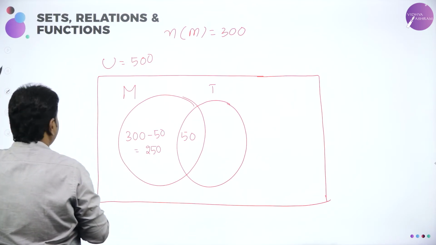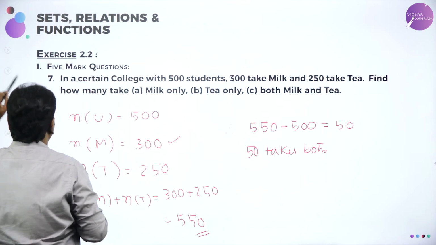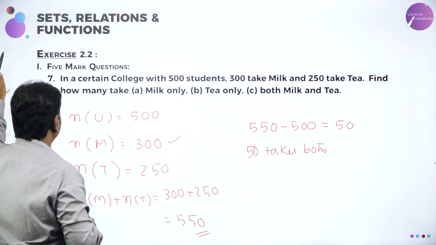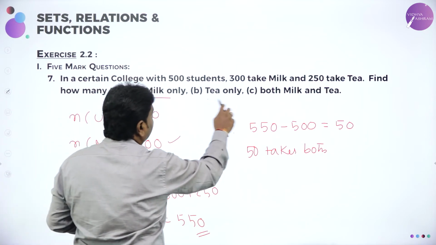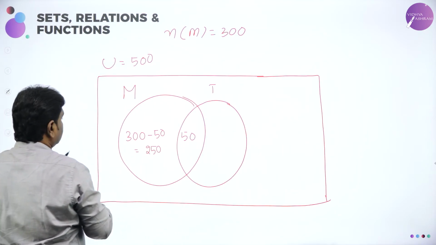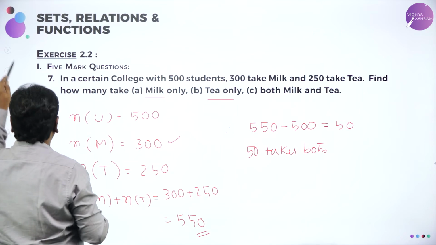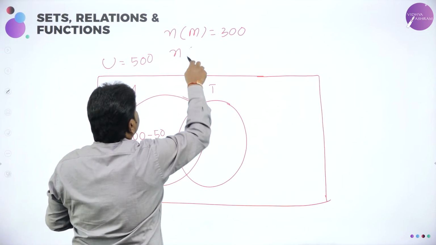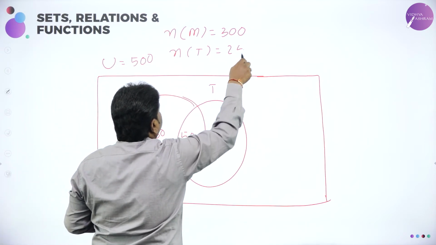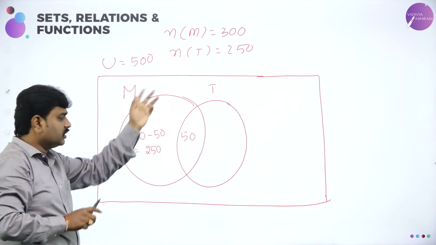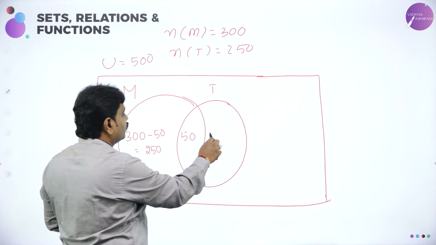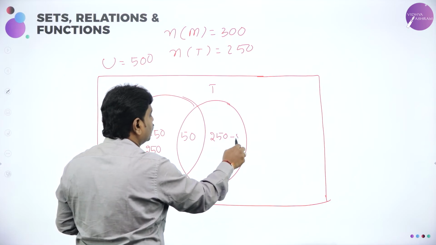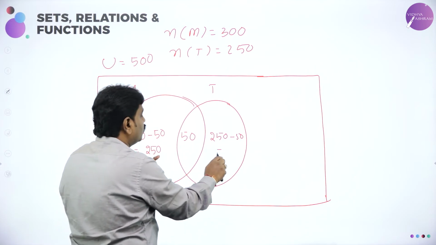And if you see the past slide, tea they gave 250. Milk only we got, tea only they want. The number of people consuming tea, 250, is given in the problem. We have not solved and got anything. Out of 250, 50 is here. So out of 250, remove 50 because you already filled 50 here, 200.